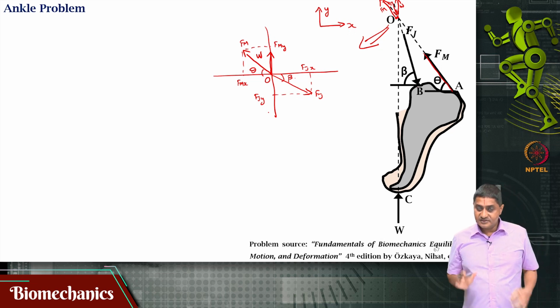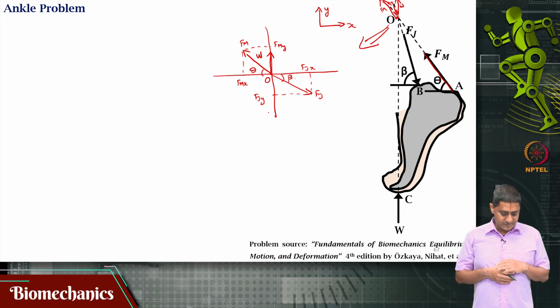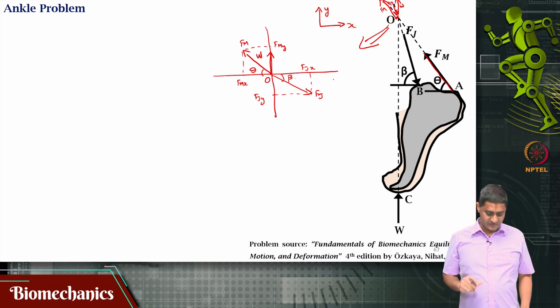Okay. This is the construction of the situation. Now, I can analyze this problem. Okay. And because I can transfer all these forces to point O, these forces form a concurrent force system. Okay. Forces concurrent at a point in a plane.